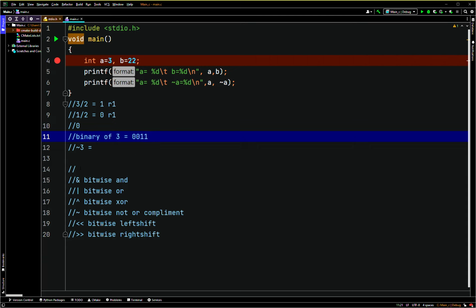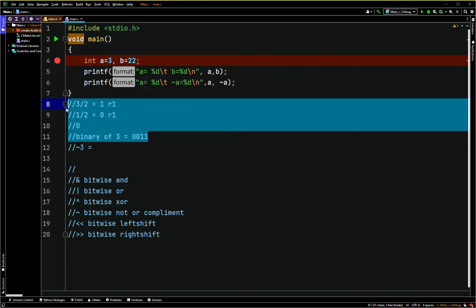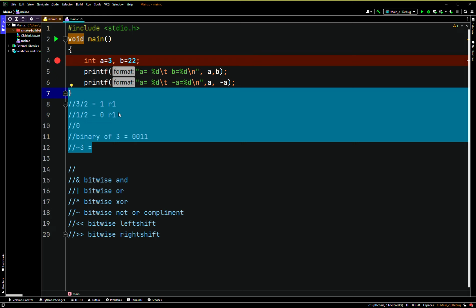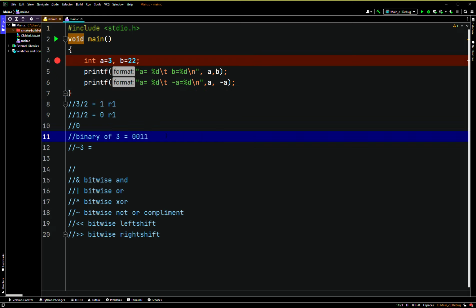So these are the bitwise operators. Once you know how to convert to binary, that's pretty much all you have to do, and then we'll go over how to convert the binary back to the base 10 decimal. A normal number is base 10, which is a decimal, and a binary number is base 2.